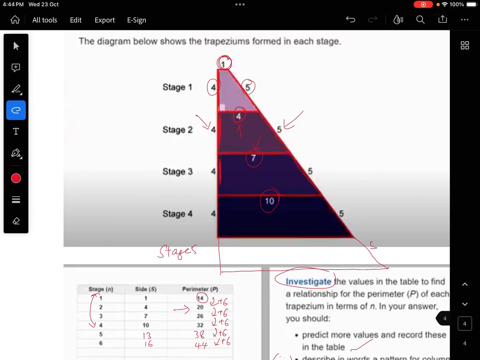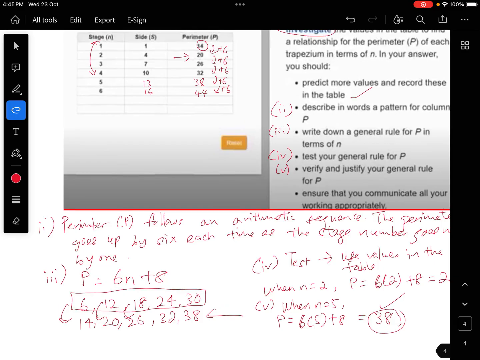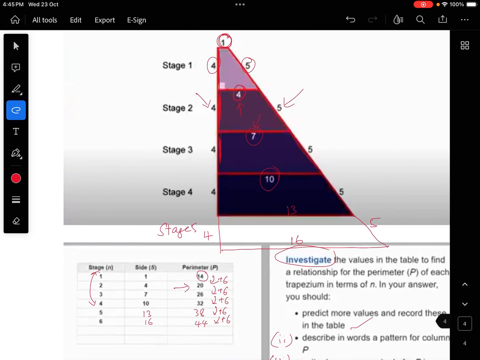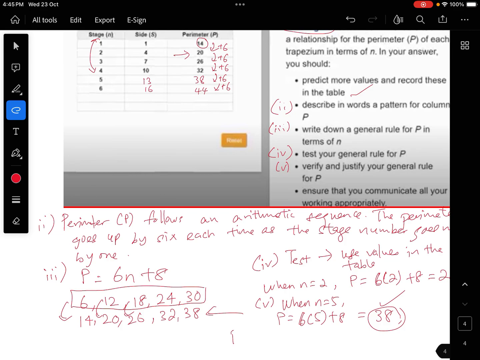Now, this is going to be 5, this is going to be 4, then this is going to give me 13, and obviously this is going to give me 16 here. Now, if I want to verify this, I found out that the perimeter when n equals 5 is 38. Since I have all these numbers here, all I need to do is just go find out from the diagram.